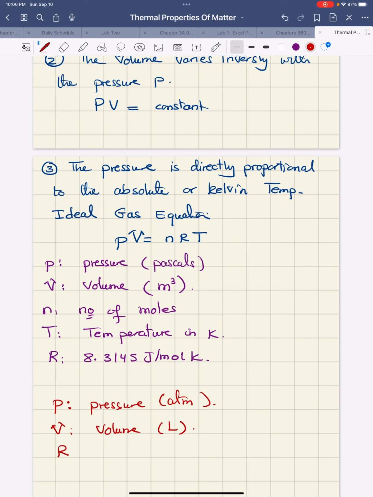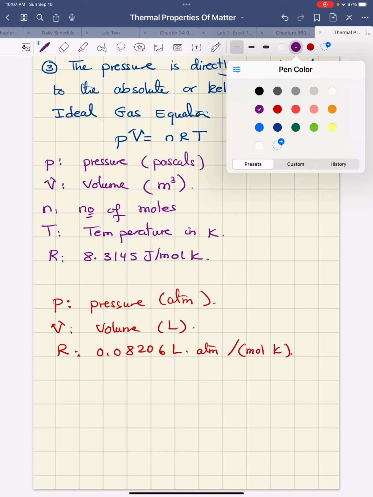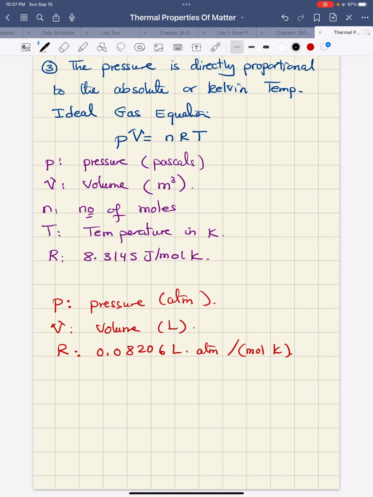Now R is going to be another value, which is 0.08206 liter atmosphere per mole kelvin. So the value of R depends on the units that I'm using for the volume and the pressure.